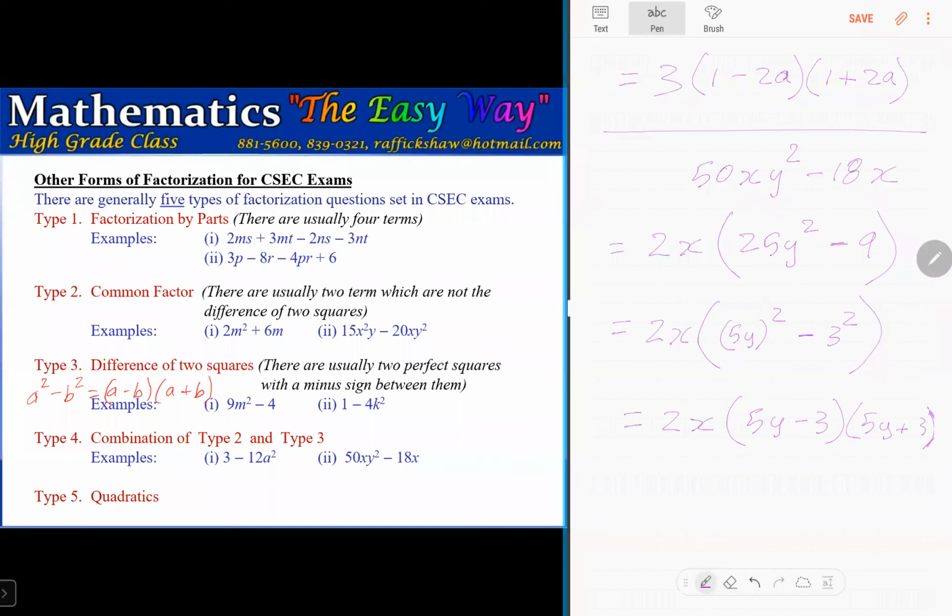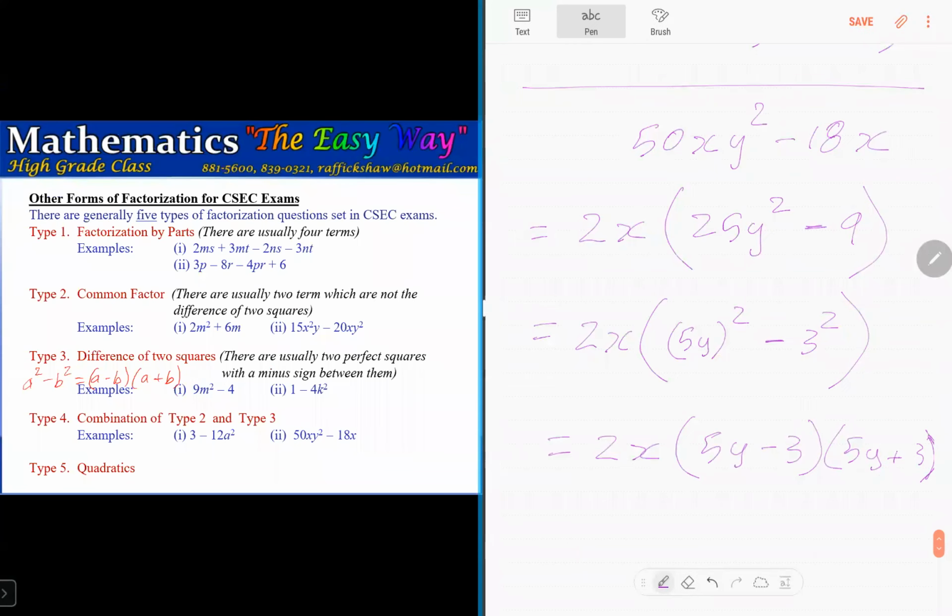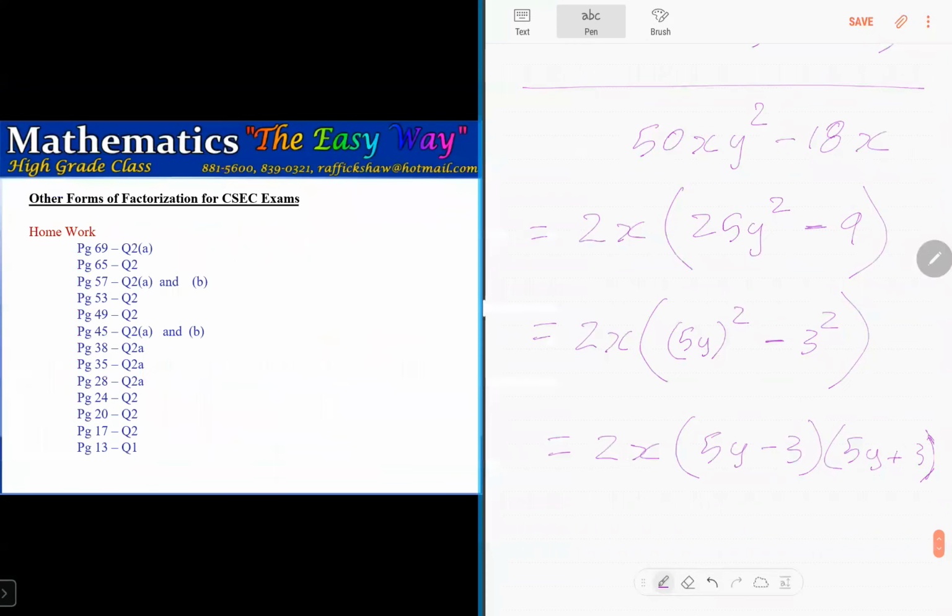But before we close, we're going to look at one example now from homework. The homework now are those questions, homework number 2 in the handout. Homework number 2 is the next homework that you're supposed to do. Let's look at it.